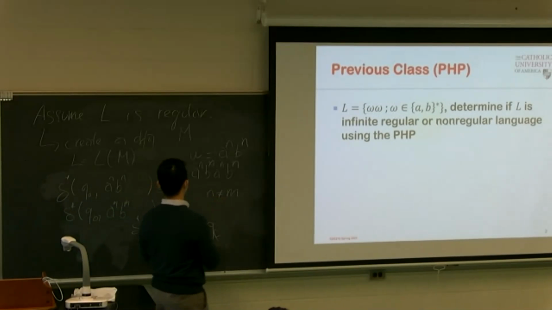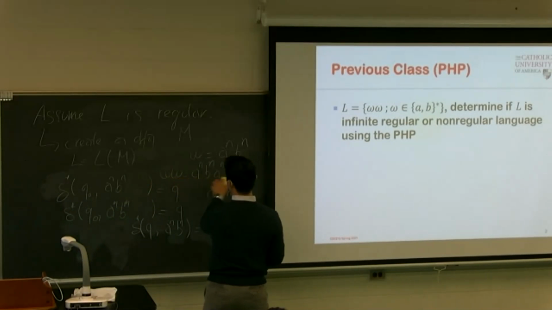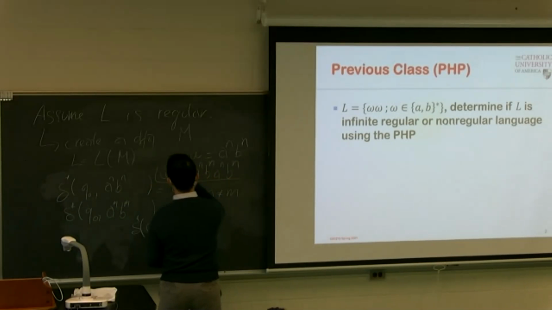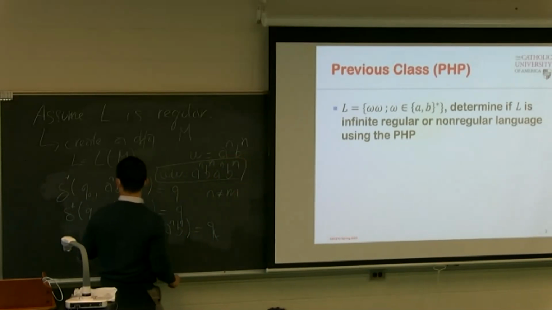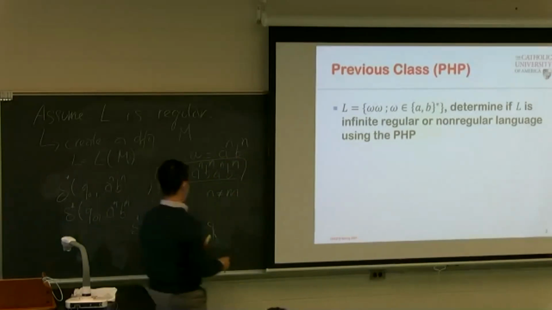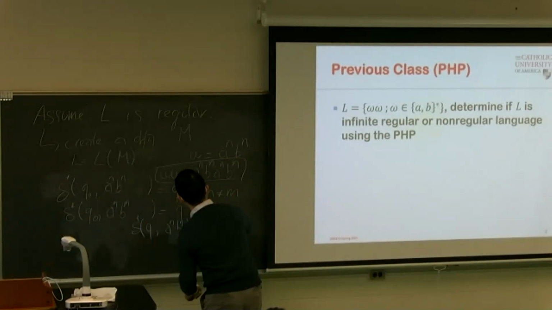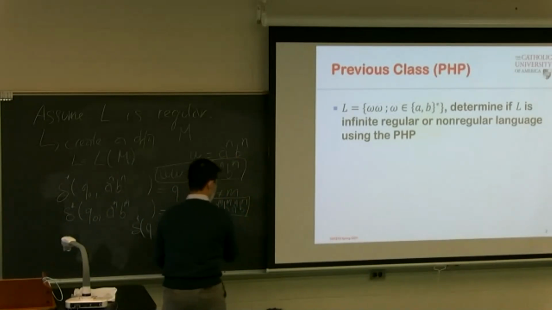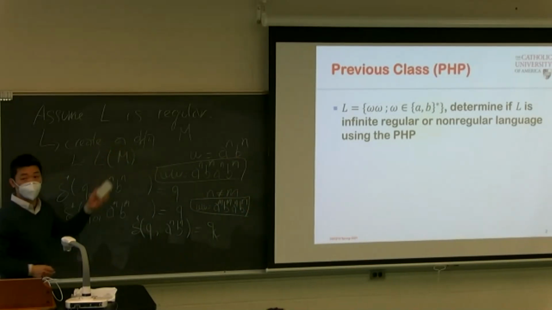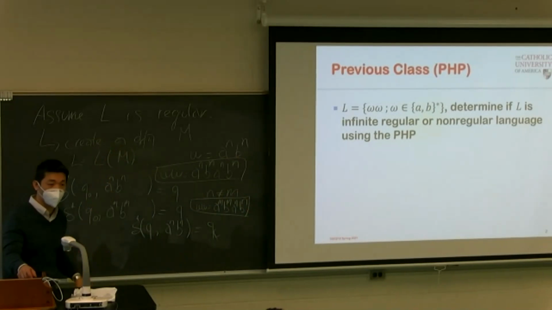So what we say here is that this string right here would be in that language. And the consequence is that you have another WW, A to the M, B to the M, A to the N, B to the N. This has to be in this language; it should be accepted by that machine.